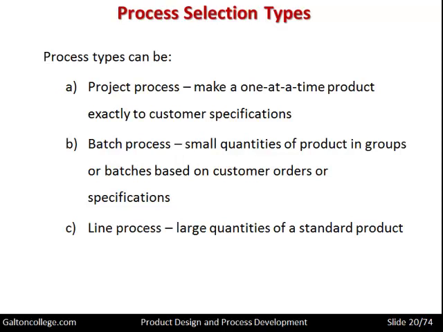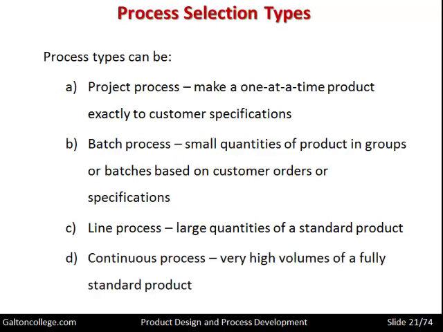Line processes, large quantities of standard products. Mass production techniques can be seen in products in the household. Biscuits and confectionery. These are normally produced in enormous quantities in line processes. Raw materials go in one end, the finished product comes off the other end. And it could be a continuous process, very high volumes of a fully standard product.